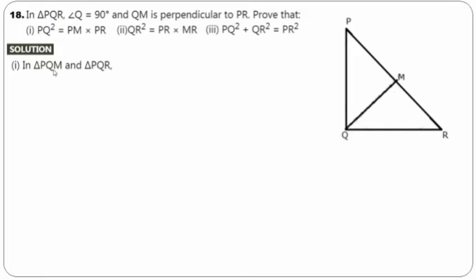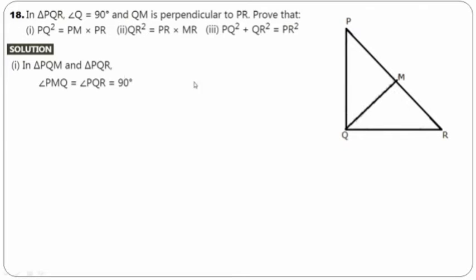In triangles PQM and PQR, I'm talking about the small triangle and the biggest triangle. Now one of the angles is 90 degrees, that is, this entire angle which is given already, right? And another is this angle, also 90 degrees, right? So that's what is written.